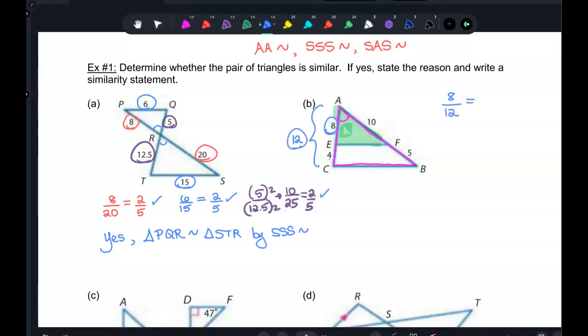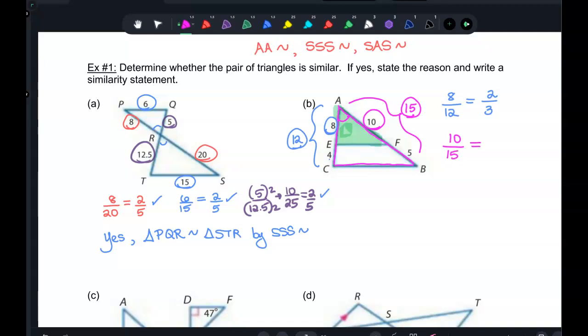So 8 and 12, I can divide the top and bottom both by 4, so that gives me 2/3. Then on the other side, I have 10, and I can compare that to the entire side AB, so that'll be 10 plus 5, which is 15.